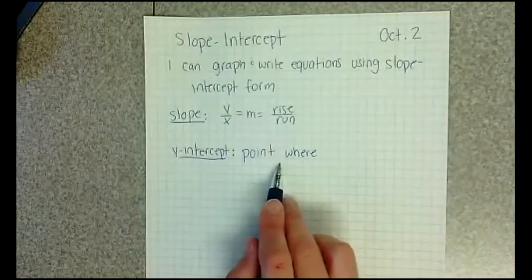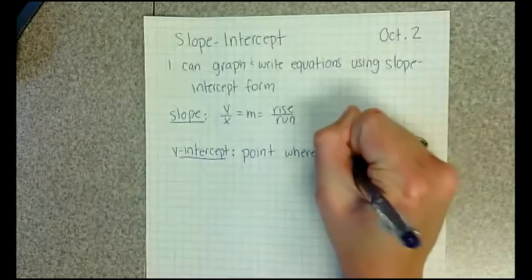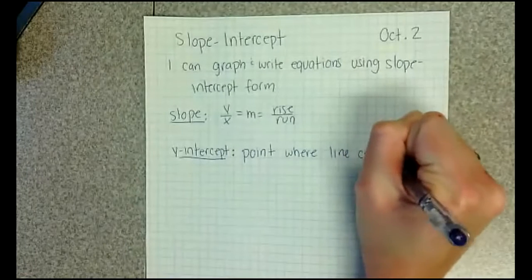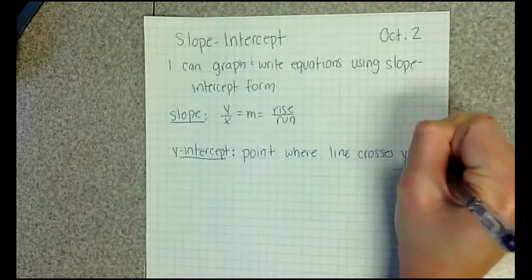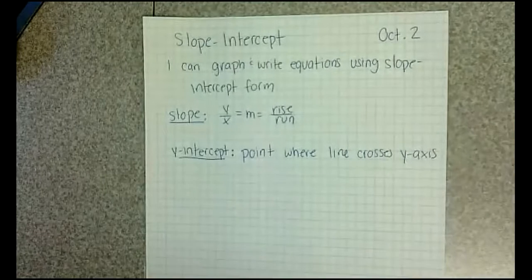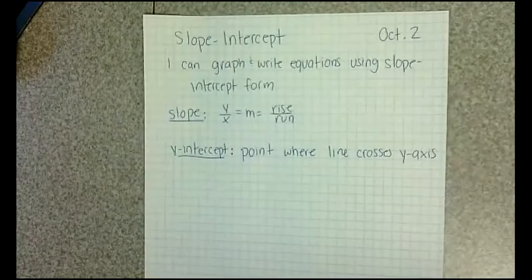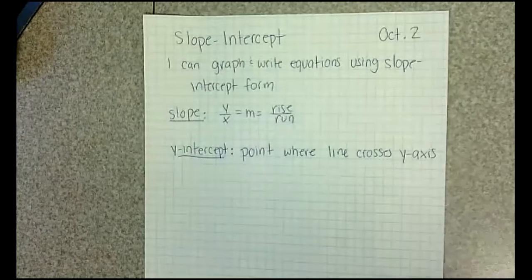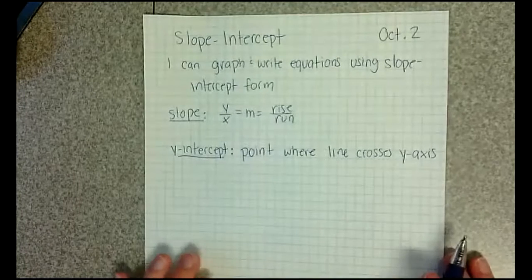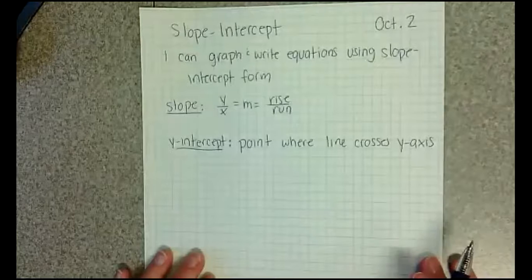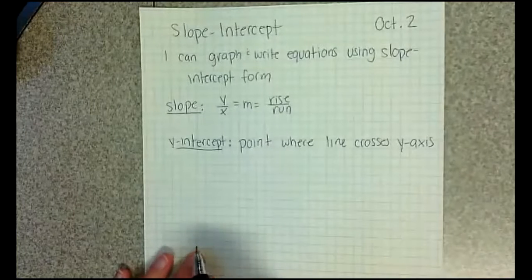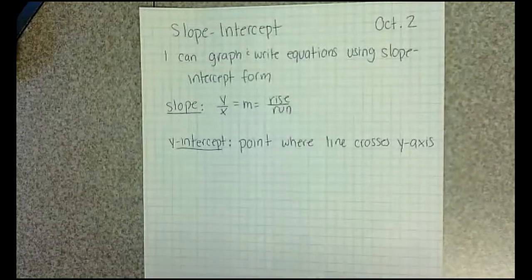So the y-intercept is gonna be the point where the line crosses the x-axis. That's gonna be important today. And then we've got one more definition.